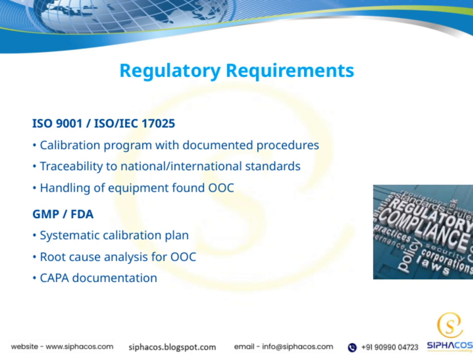And of course, all corrective actions and preventive measures must be documented thoroughly in CAPA, or Corrective and Preventive Action records. Overall, these regulatory requirements emphasize the importance of a robust, well-documented calibration system that ensures accuracy, compliance, and ultimately, the reliability of our testing results. They tie directly into our broader goal of maintaining quality and trust in everything we do.